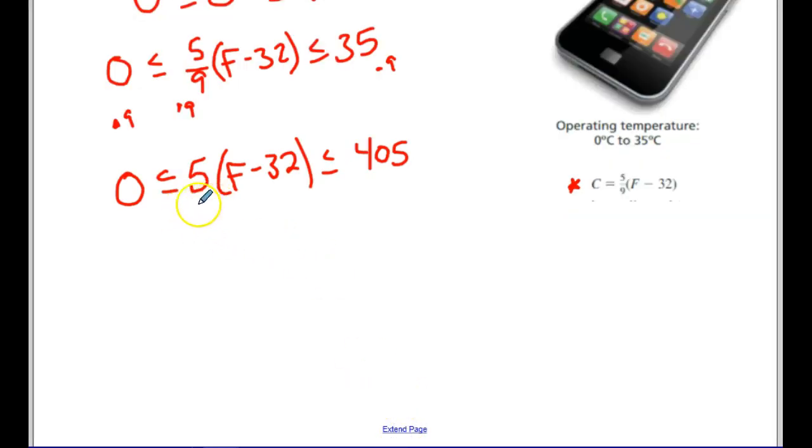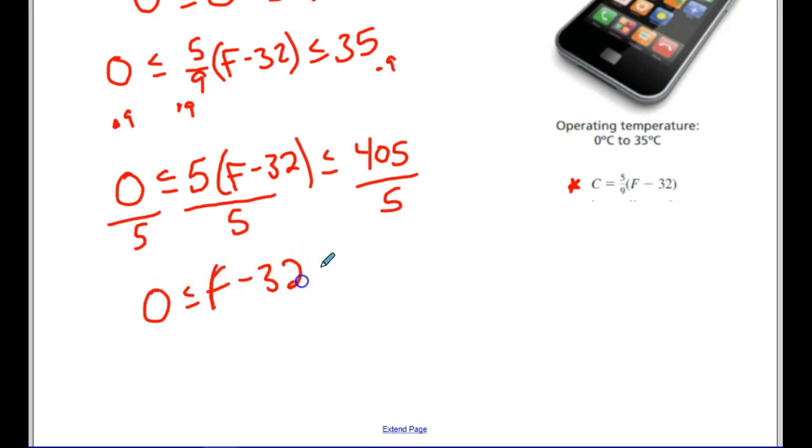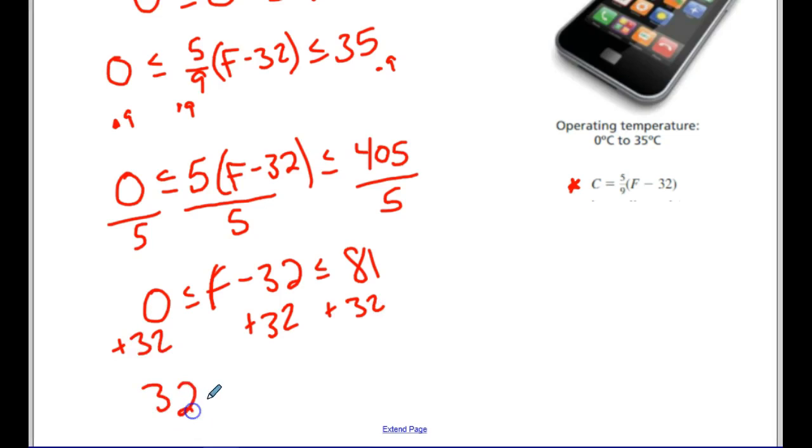So now to get rid of the next piece, I have to divide by 5, divide by 5, divide by 5. So I have 0 is less than or equal to F minus 32, which is less than or equal to 81. So now my final step to get F by itself is I can add that 32 to all of my different pieces. So I end up with 32 is less than or equal to F, which is less than or equal to 113.